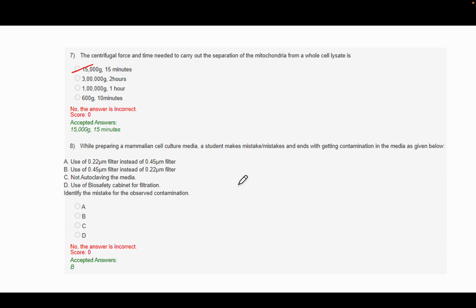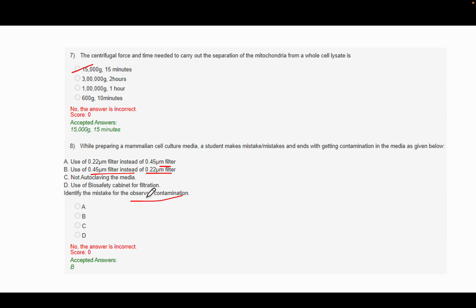While preparing a mammalian cell culture media, a student makes a mistake and ends up getting contamination in the media. Identify the mistake for the observed contamination. Use of 0.22 micron filter instead of 0.45 micron filter. Use of 0.45 micron filter instead of 0.22. Not autoclaving the media. Use of biosafety cabinet for filtration.